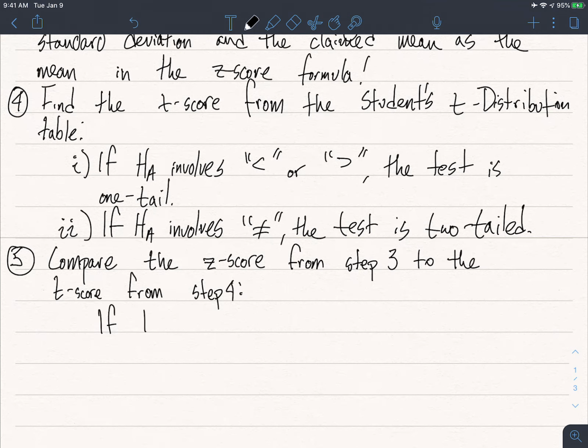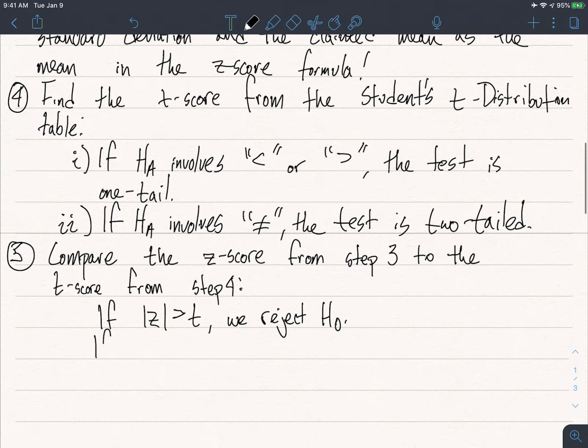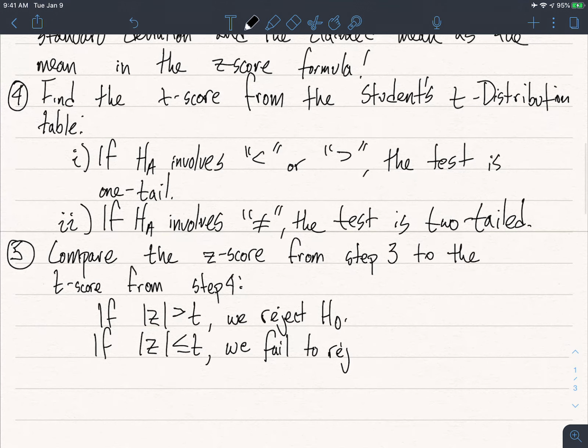If the absolute value of our z-score is greater than t, we reject the null hypothesis. If the absolute value of our z-score is less than or equal to t, we fail to reject the null hypothesis. And that's it.